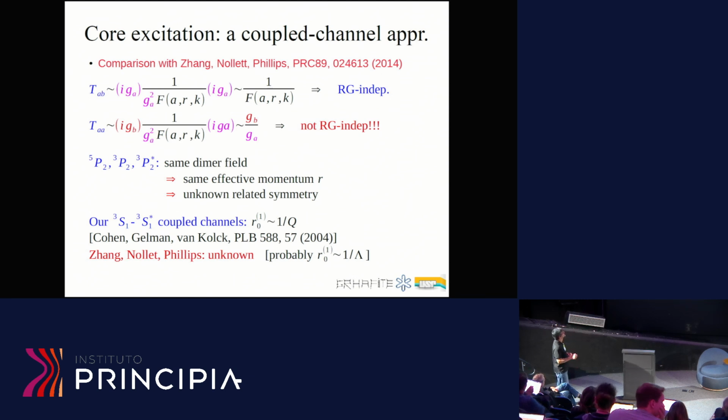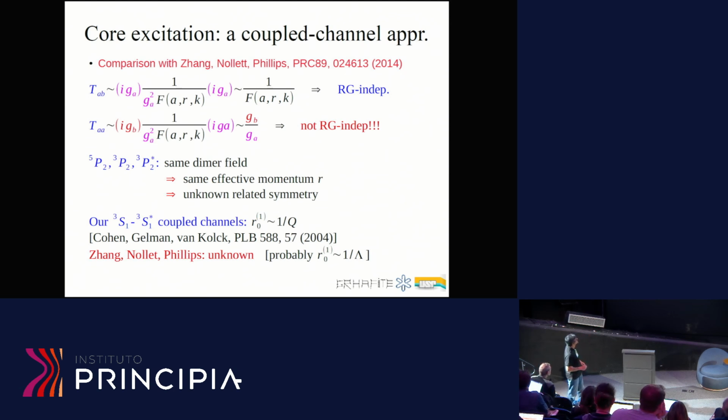So one of the people in the audience here is the one who criticized our work, so I should thank him, because that motivated us to introduce this coupled-channel formalism that improved the description of our systems.